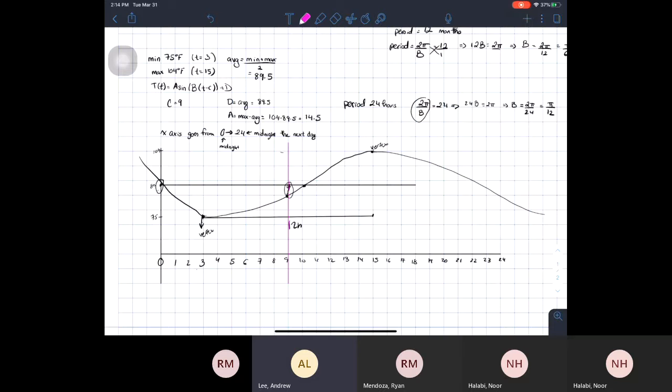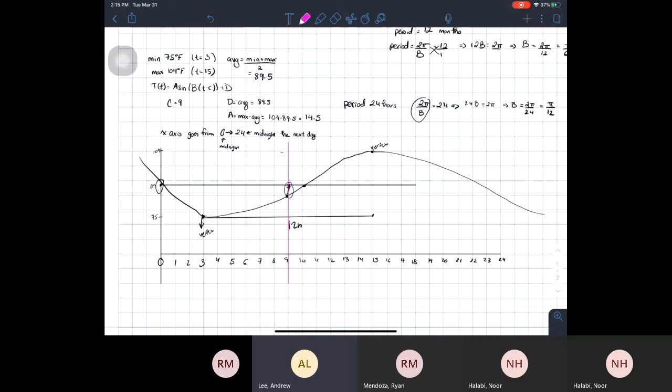Okay, I know what you're trying to say. Well, the time difference between 3 and 15 is 12 hours, and halfway between that is where it hits 0, and that's how you figured out the 9.